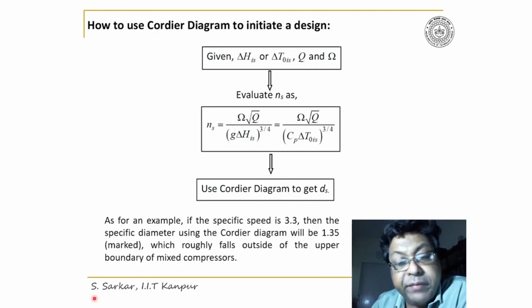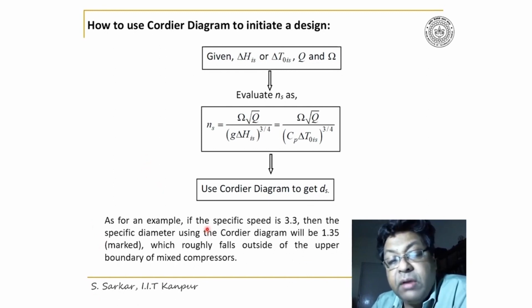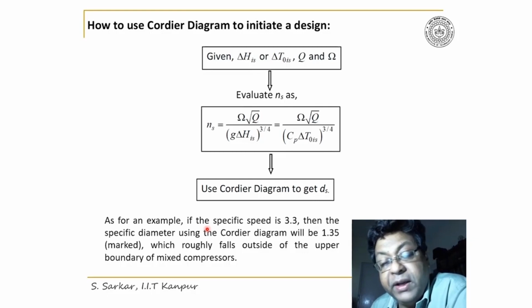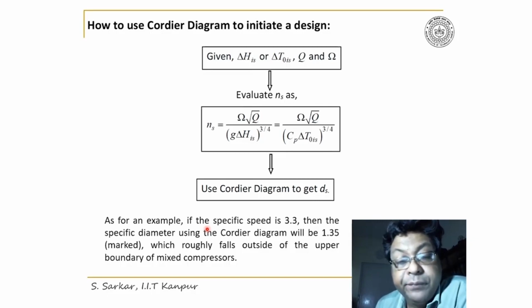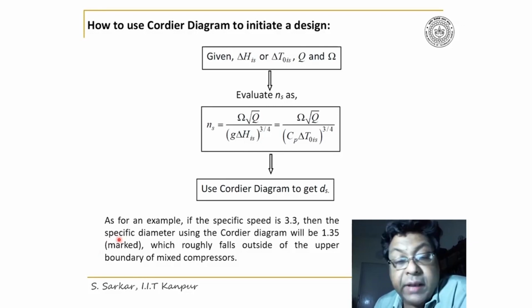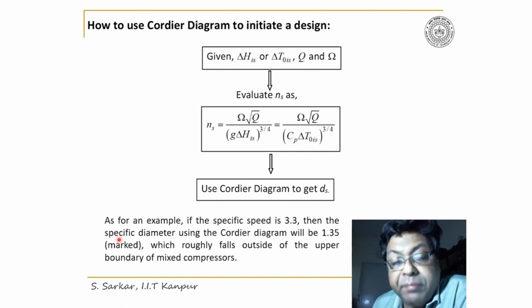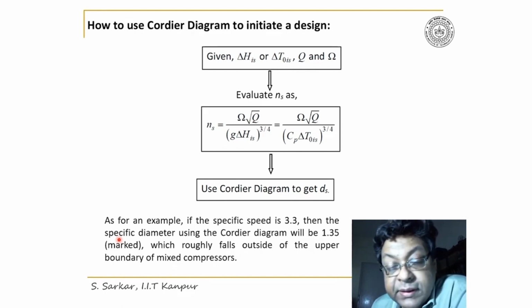So here I have given an example. Suppose the calculated specific speed becomes 3.3, then the specific diameter would be 1.35 using the Cordier diagram, which roughly falls in the range of mixed flow machines.